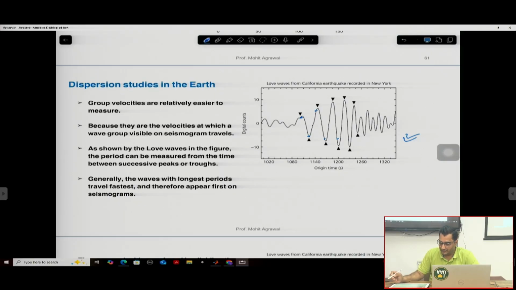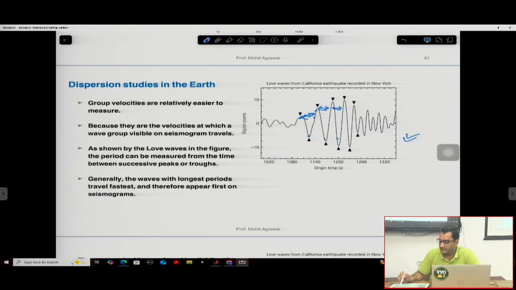So how do we compute those group velocities? If you look carefully at the peak to peak distance, here it is the peak to peak distance, here again, it is gradually decreasing with time. This is what we should have observed, as we discussed yesterday also.